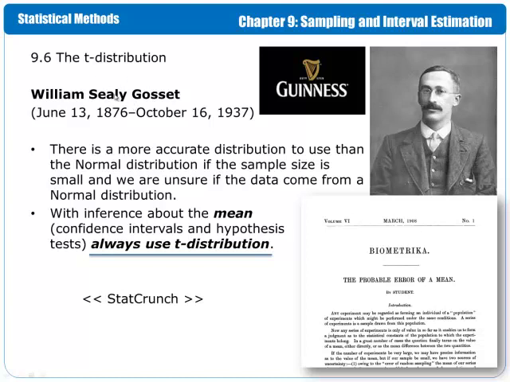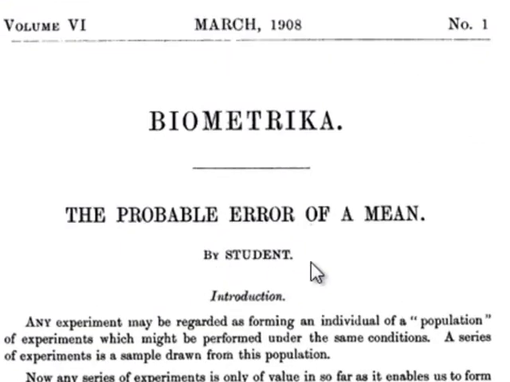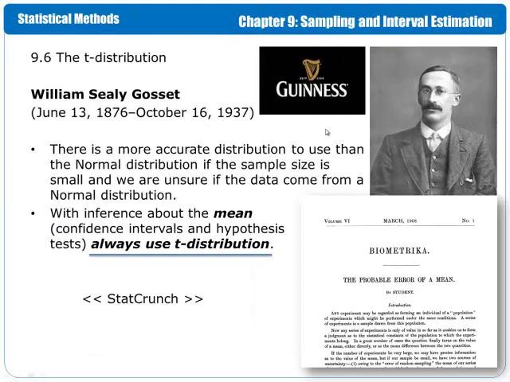Sometimes it's called the student's t-distribution because he wasn't allowed to use his name in his research, and so he had to put his name as student in his publications because the company was having problems with things that people were publishing, trade secrets and such, and so they had a rule against him publishing his research. He got permission to do it anyways, but he couldn't use his own name. That's why it says student instead of Gossett for the author.